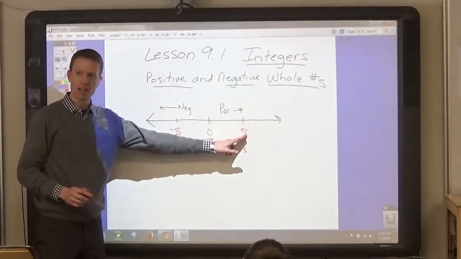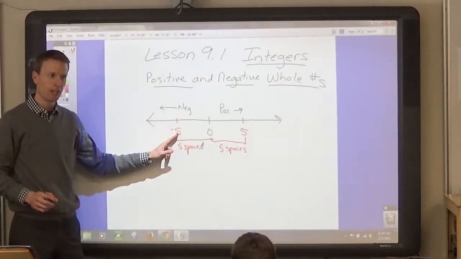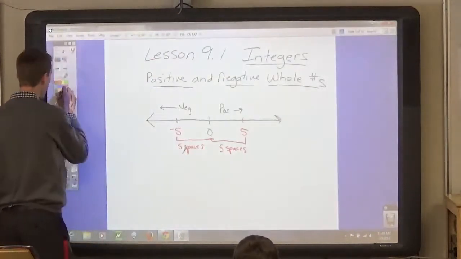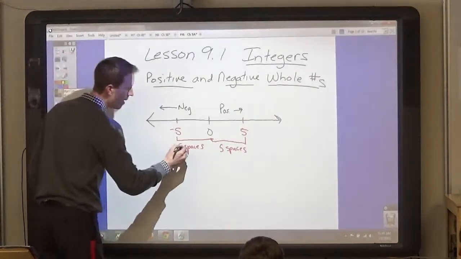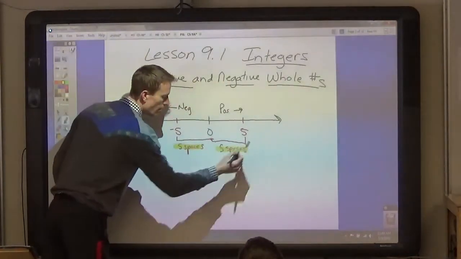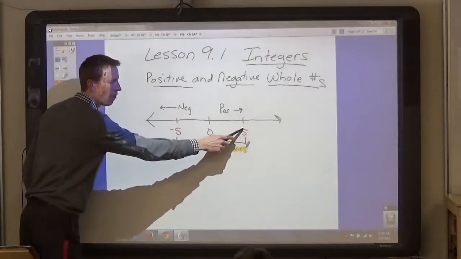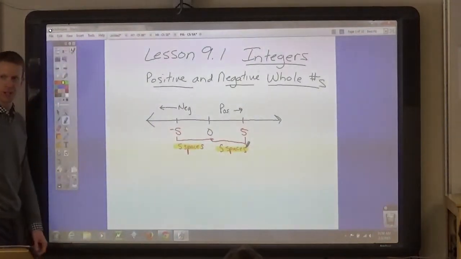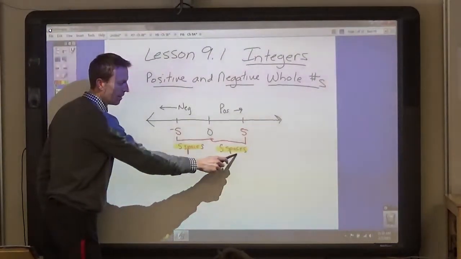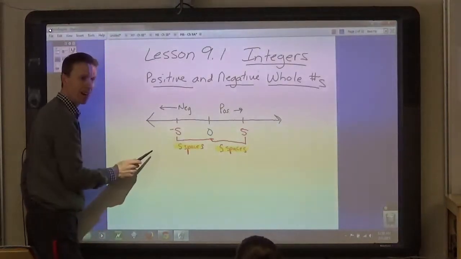A positive whole number and the same negative whole number are called opposites, because they're the same distance away from 0. Now, this distance refers to what's called the absolute value of a number. The absolute value of 5 is the distance, or how far it is from 0 on a number line. So the absolute value of 5 is the same as the absolute value of -5.